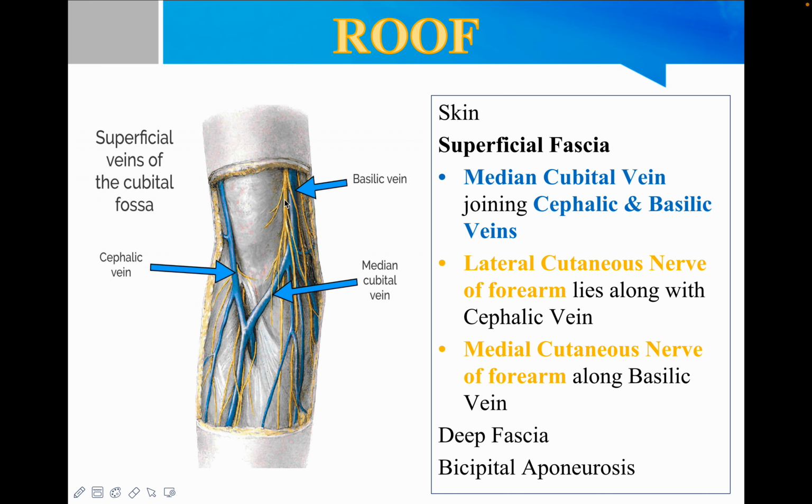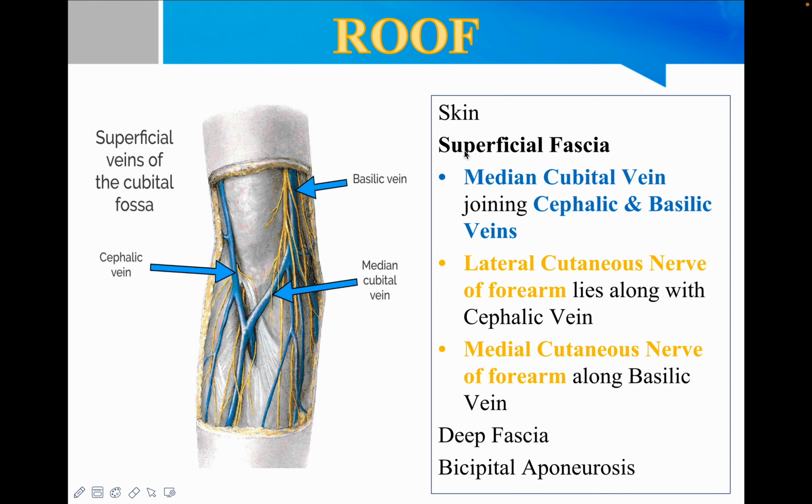And along these cephalic and basilic veins, you can see there are nerves running parallel to these veins. Because the basilic vein is towards the medial epicondyle side, the nerve running down is the medial cutaneous nerve of the forearm. And the cephalic is towards the lateral epicondyle side, so the nerve running down is the lateral cutaneous nerve of the forearm.